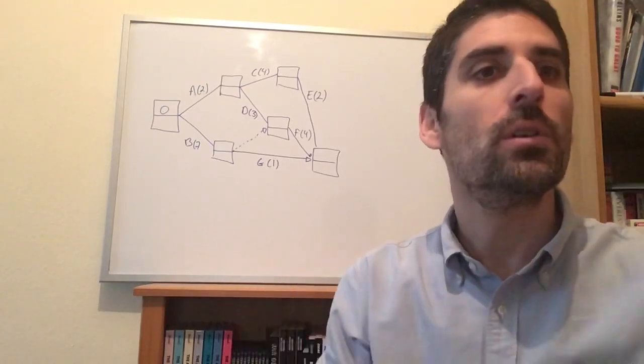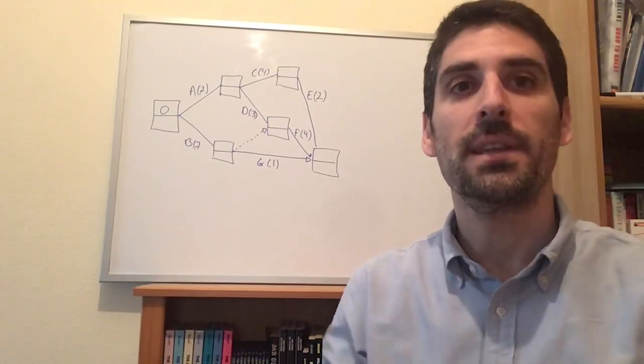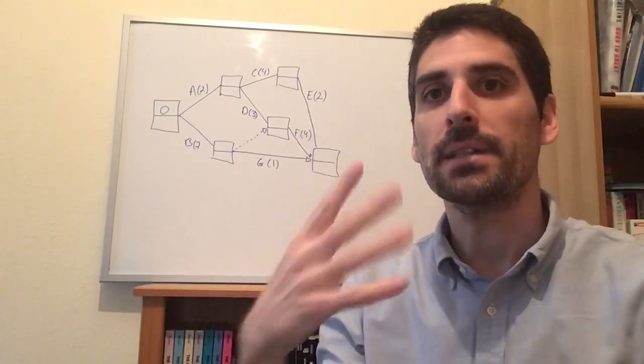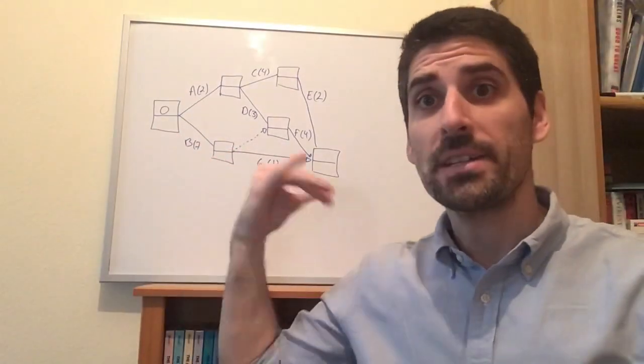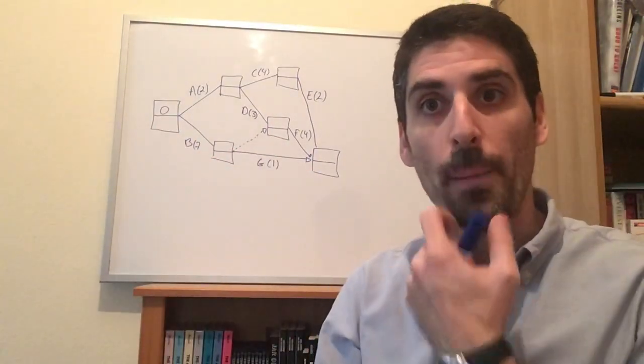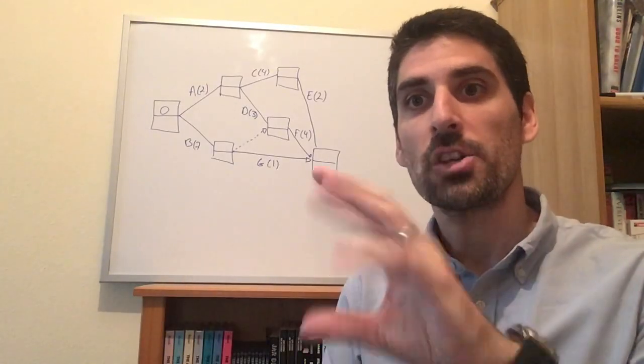And today we're going to talk about the second part of the chapter, which is the early and the late event times. So here I just have an activity network where all I've done is replace the shape of the nodes.